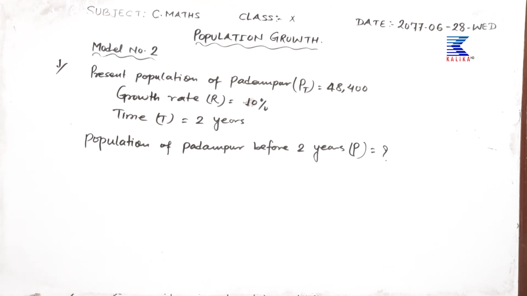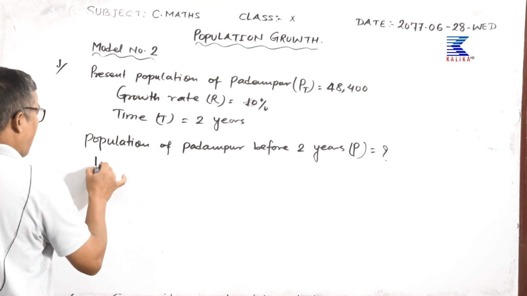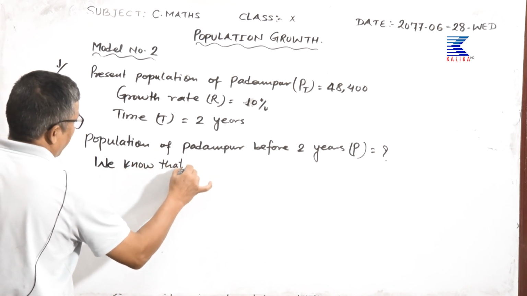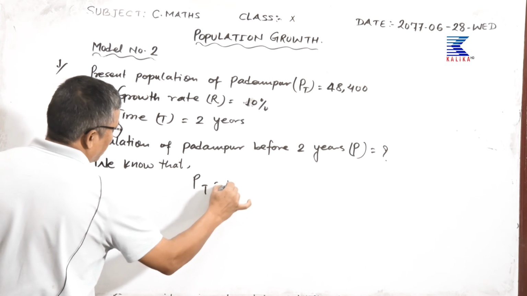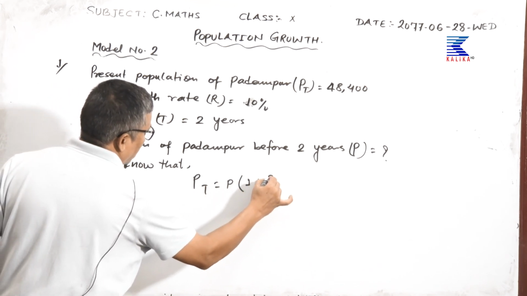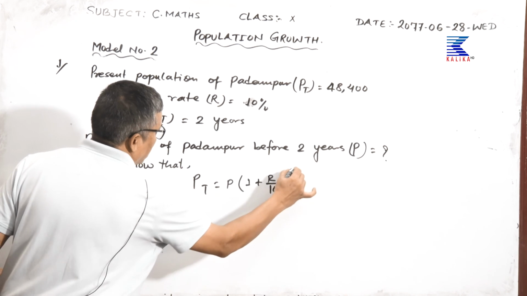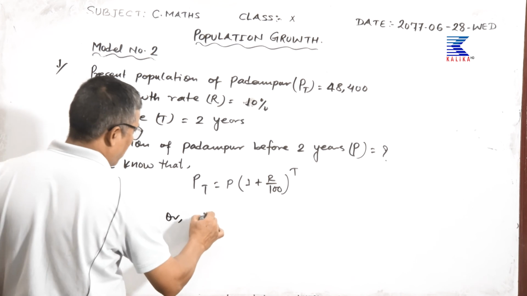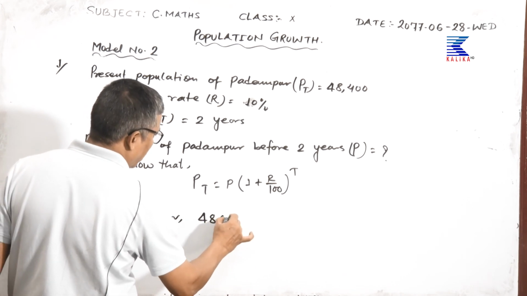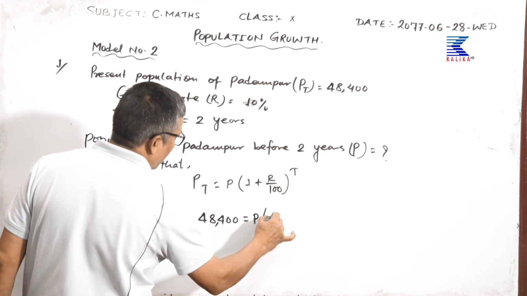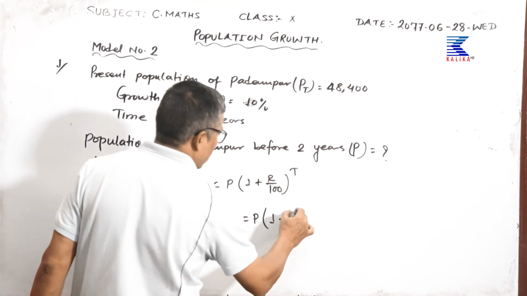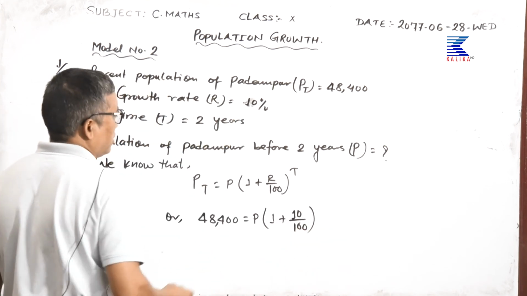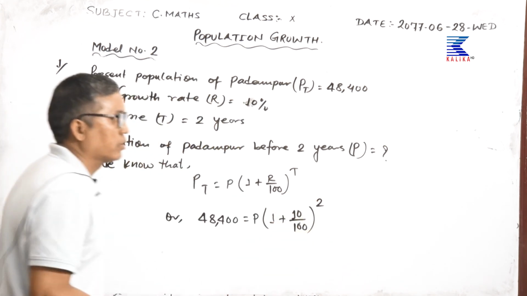Clear? We know that Pt is equal to P (1 + R/100)^t. The value of Pt is here 48,400, P (1 + 10/100)^t, the time t is 2. Clear?